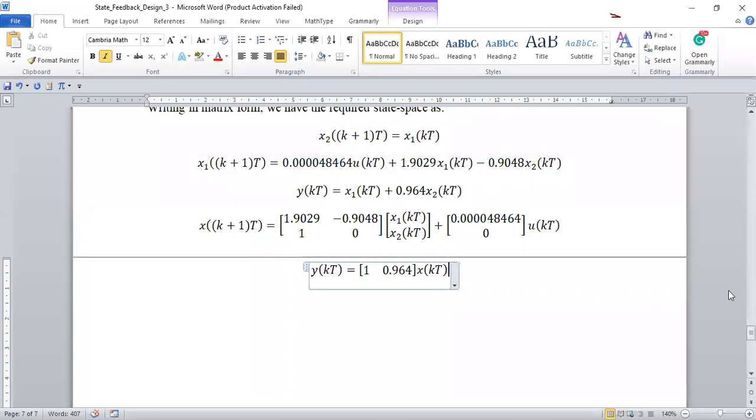Next week, by this time, I will give you a short quiz. By this time next week, you'll be writing a quiz, and the quiz is going to be based on state space representation of discrete time systems. It's going to be a very short quiz, less than 5 minutes, based on all the topics we've done, that is, state space representation in discrete time systems.